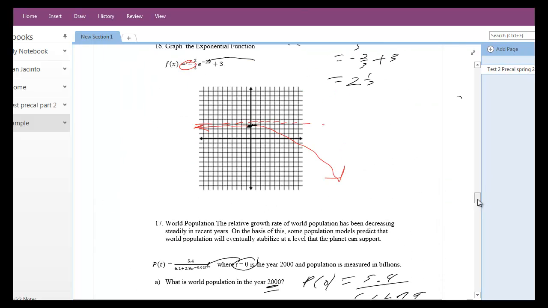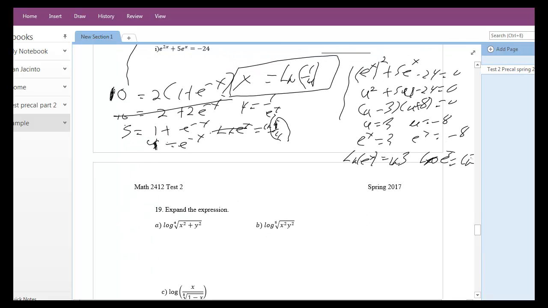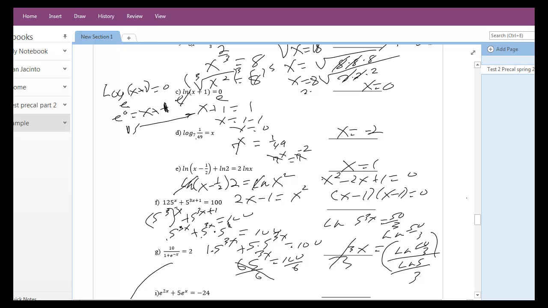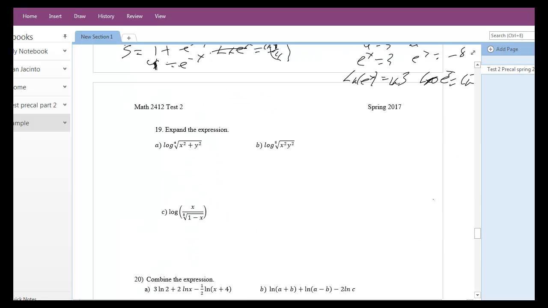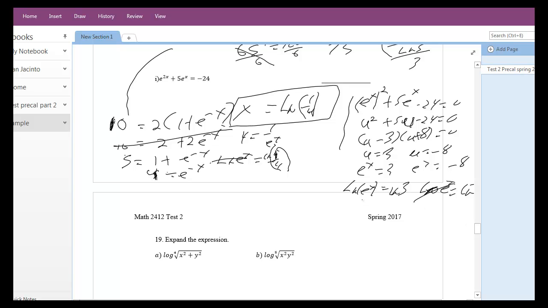You can't take an ln of a negative number, so that's going to go to trash, the one on the right-hand side. So now we're left with x equals ln 3. Cool.